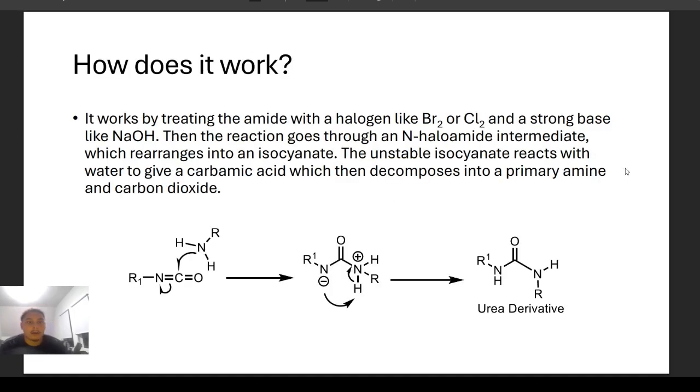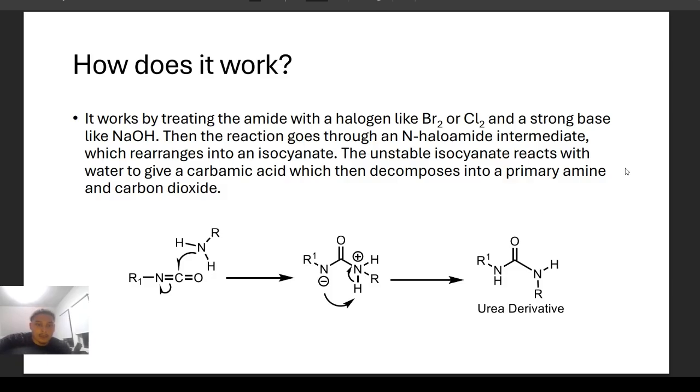How does it work? It works by treating the amide with a halogen like Br2 or Cl2 and a strong base like NaOH. Then the reaction goes through an N-haloamide intermediate, which rearranges into an isocyanate. The unstable isocyanate reacts with water to give a carbamic acid, which then decomposes into a primary amine and carbon dioxide.